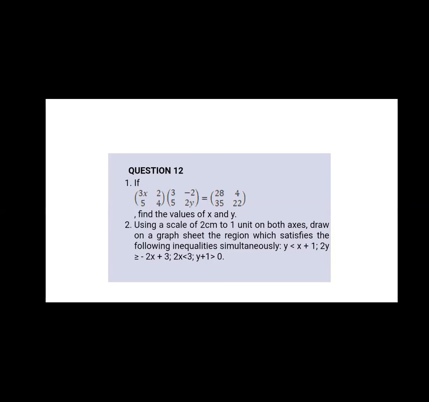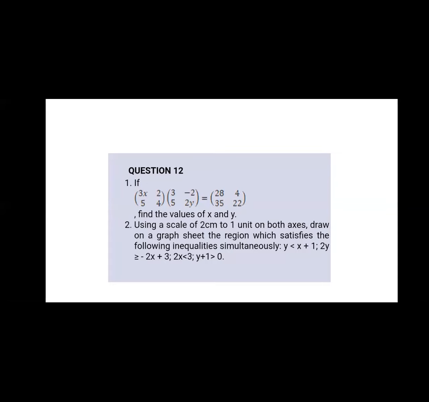So just do the multiplication and compare. That is just what we need to do here. If you do the multiplication, what will happen? 3x multiplied by 3 will give us 9x. 2 times 5, that's plus 10.